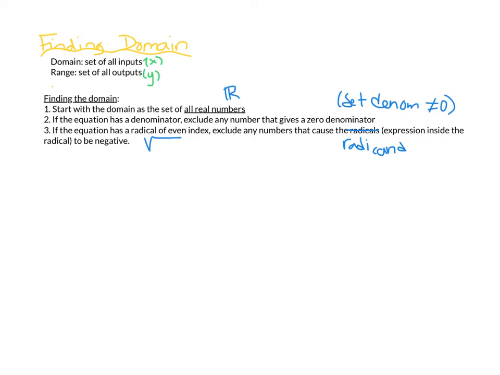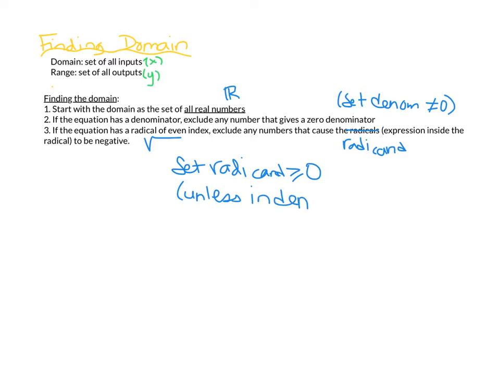So anything that can cause the radicand to be negative, which is the expression inside the radical, will give you an imaginary number, which obviously is not a real number. So when that happens, you are going to set the radicand to be greater than or equal to 0, unless it's in the denominator.